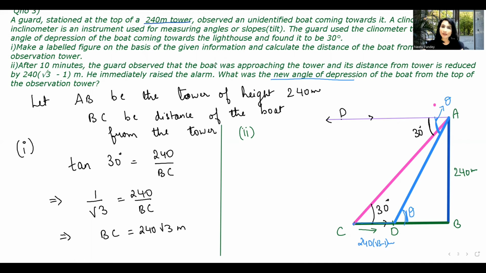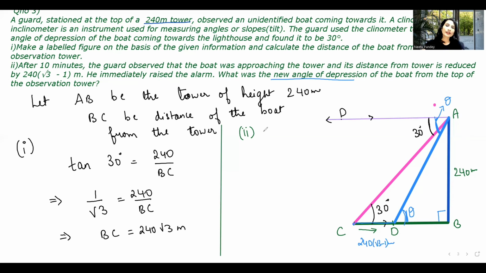DC they have given in the second part. So to find angle theta, we will consider the smaller triangle, triangle ABD. In triangle ABD, AB height 240 meters we know, and BD we can easily calculate from the given information.